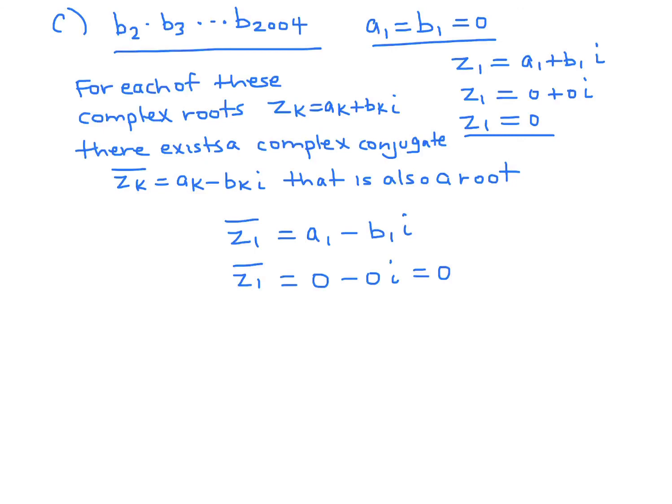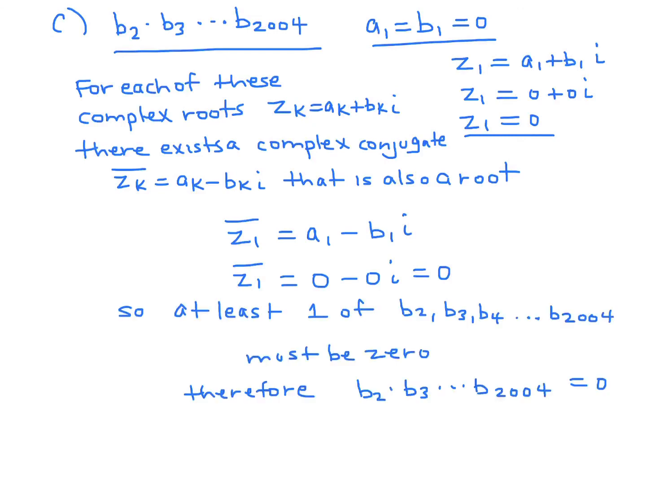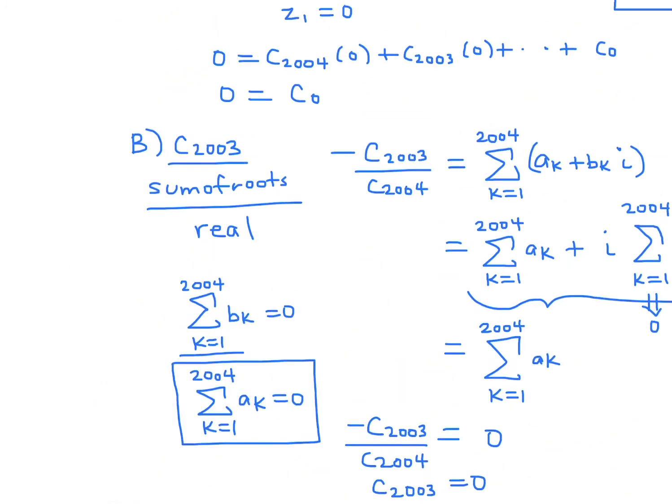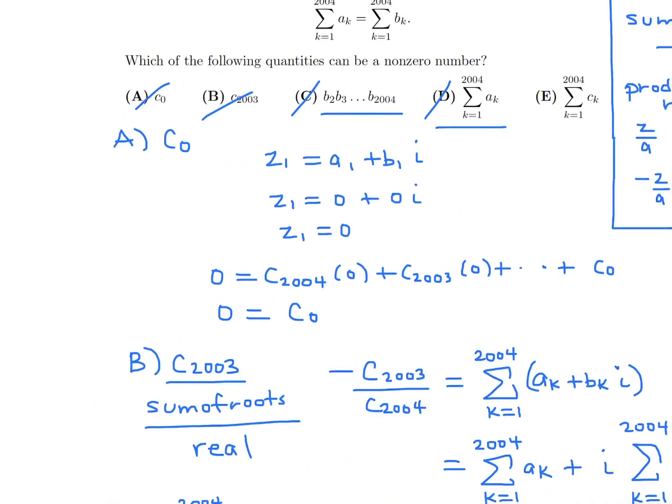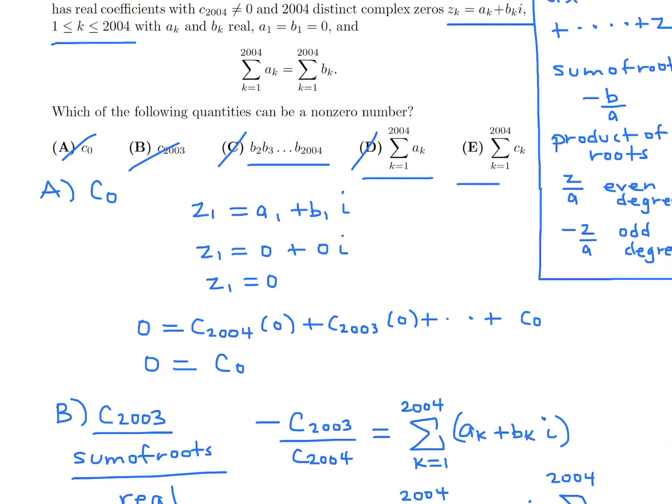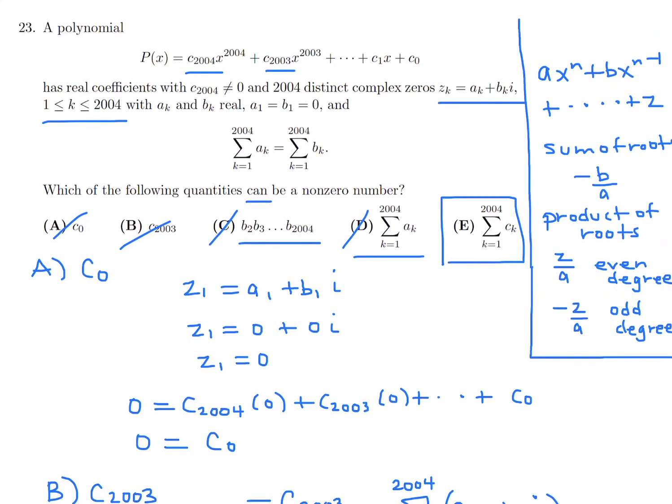So at least one of the others, B2, B3, B4, up to B 2004, has to be 0. Therefore, since B2 times B3 all the way to B 2004 is the product of all the other B's, and at least one of them is a 0, that product will be equal to 0. So therefore, we have now eliminated C as well. And by process of elimination, this can be non-zero. So for number 23, the answer is E.